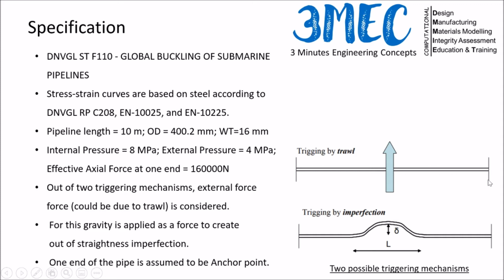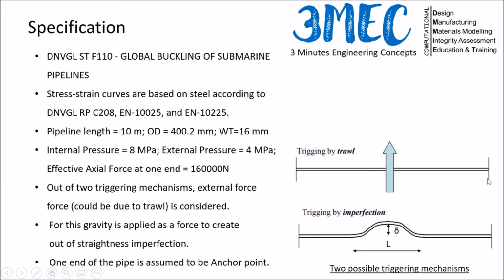Also, I am assuming one end of the pipe in this case will be fixed, because, as I told you, my frictional force is dependent on the soil-pipe interaction. So I know that value, and I know my effective longitudinal force, again depending on pressures and temperature, will change as I move along the pipe.